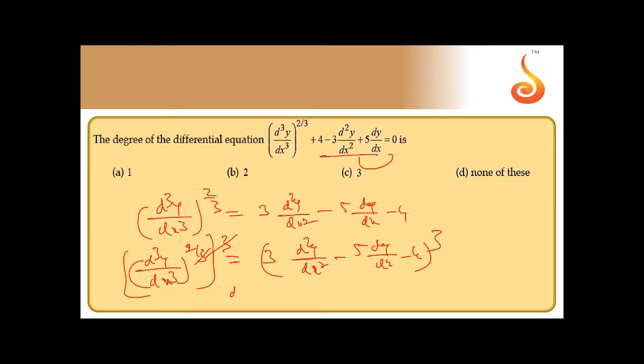What will happen? D cube y by dx cube whole power 2 equal to the right side. No need to expand this one. 5 dy by dx minus 4 whole cube comes.